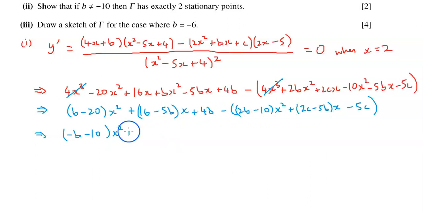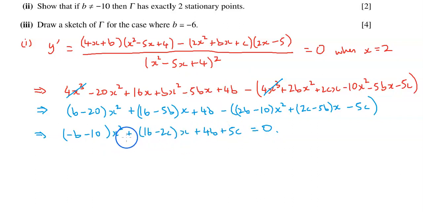So it's just going to be (16 minus 2c) lots of x, and then just plus 4b plus 5c. And this should equal 0. Okay, so that is the derivative equal to 0.